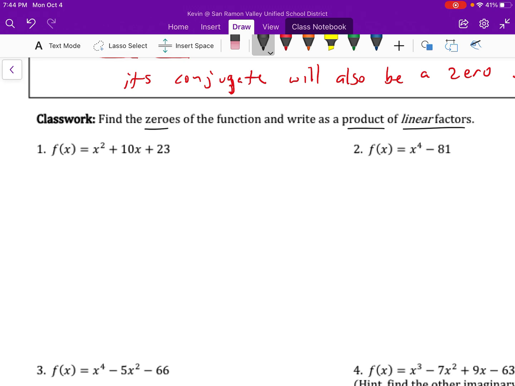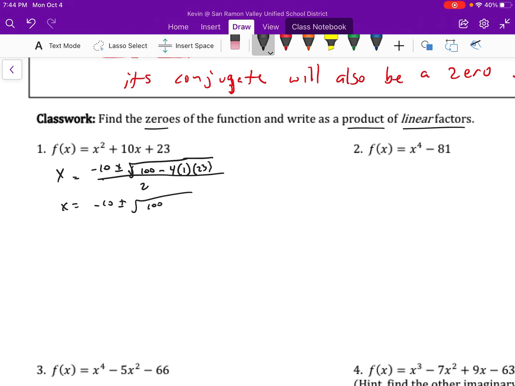We take f of x equals x squared plus 10x plus 25. We can't easily factor that, so we're going to have to bring in our friend, the quadratic equation. So we have negative 10 plus or minus the square root of 10 squared, or b squared, which is 100, minus 4 times 1 times 23, all of that over 2a, so that'd be 2.